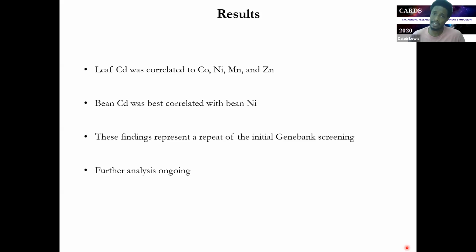Of course, further analysis is ongoing. We have additional data, not only the bioinformatics and SNP work, but also additional information we collected from each tree that we are analyzing, to refine the results.